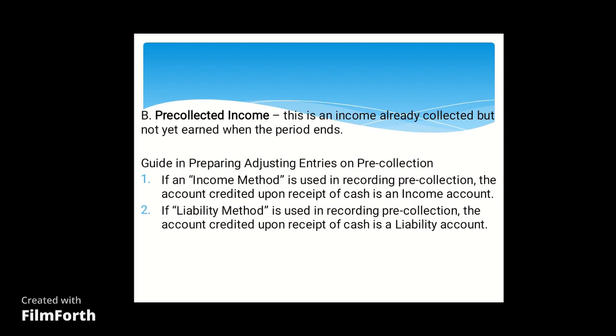If liability method is used in recording pre-collection, the account credited upon receipt of cash is a liability account. In your adjusting entry, go for the opposite. Thus, debit the liability account and credit the income account with an amount equivalent to the correct earned portion of that pre-collected income.